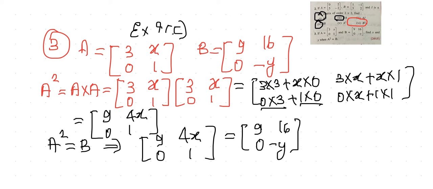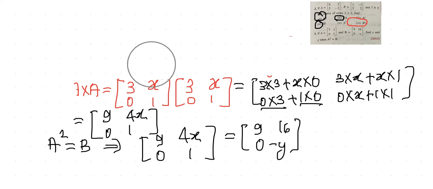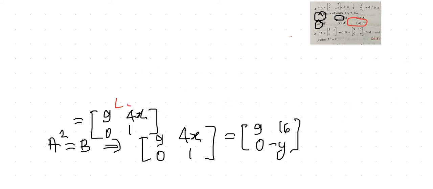Now we equate both of them. Clearly 9 is equal to 9 and 0 is also equal to 0. Looking into the other terms, 4x is equal to 16 and 1 is equal to minus y.